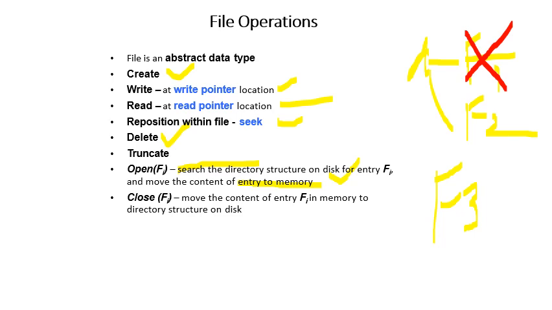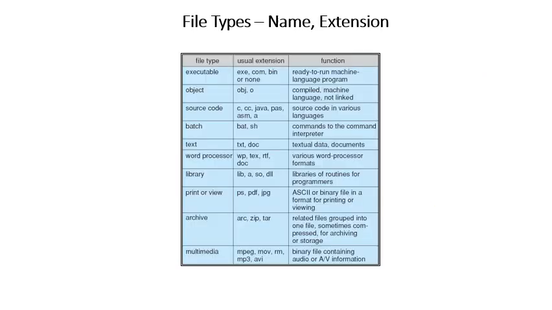Moving to the next slide, here I want to show the different file types and names. There are different files: executable file, object file, source code, batch file, text file, word processor, library file, print or view file, archive file, and multimedia files.